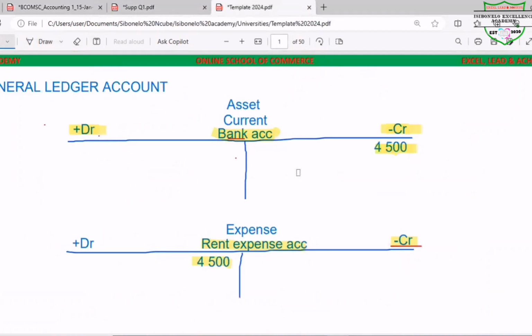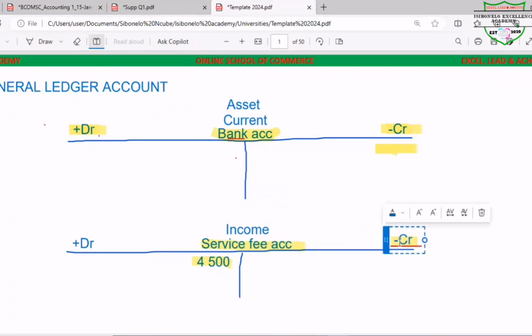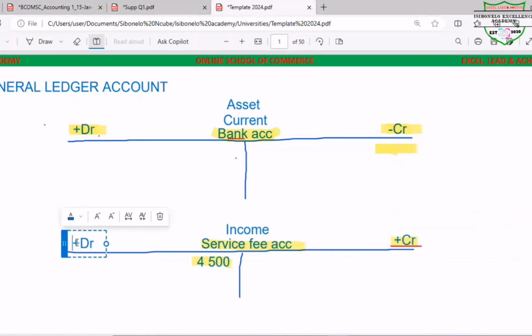So we have bank, and the second account will be service fee income. So in terms of debit and credit, all income accounts increase on the credit side and decrease on the debit side.